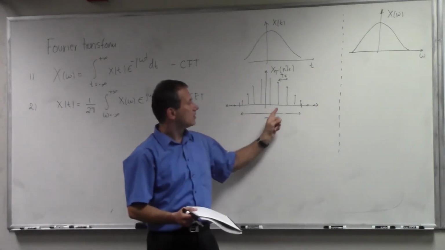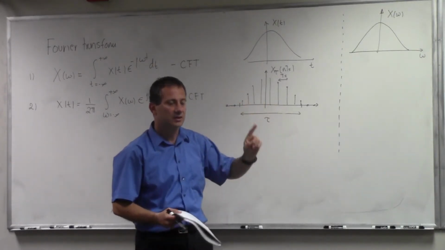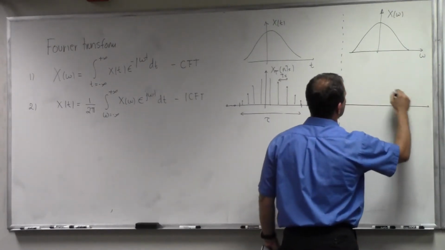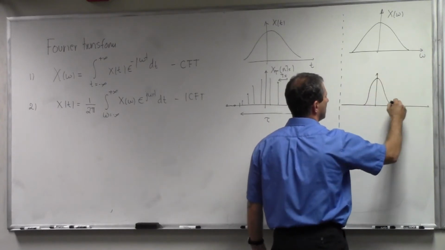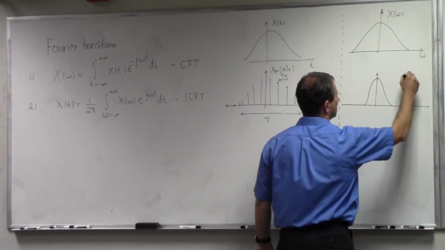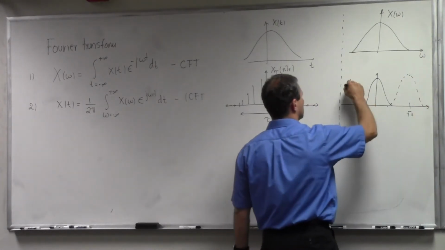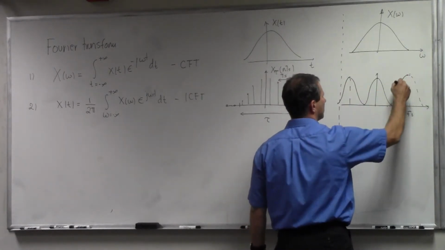So what are the consequences of sampling in the time domain? It is periodic extension in the frequency domain. So the result of this sampling is I have my original signal here. This is my Fs. There's a periodic extension all across the frequency axis.